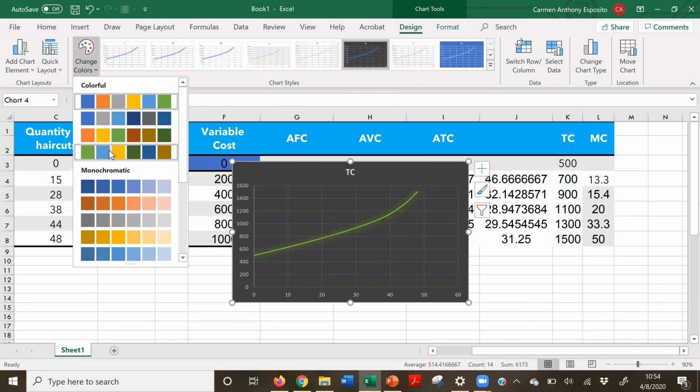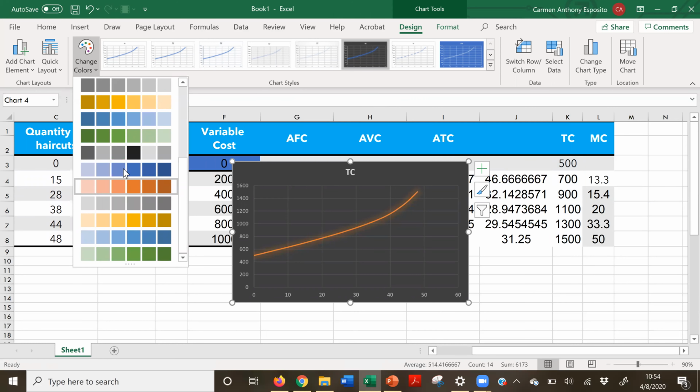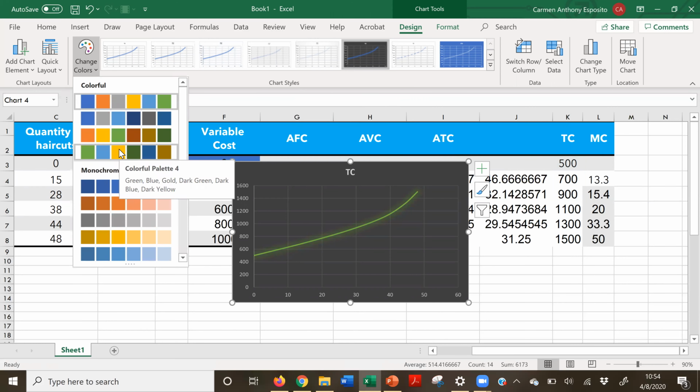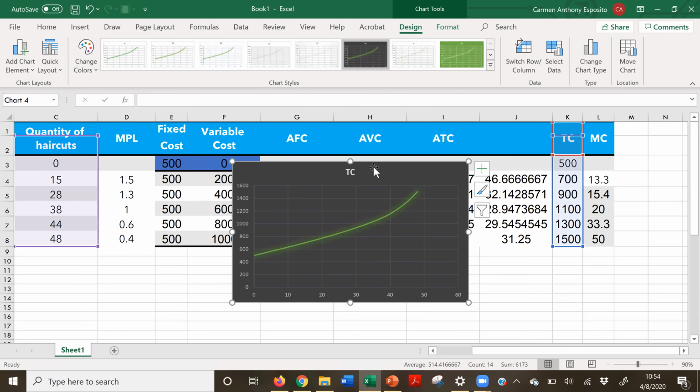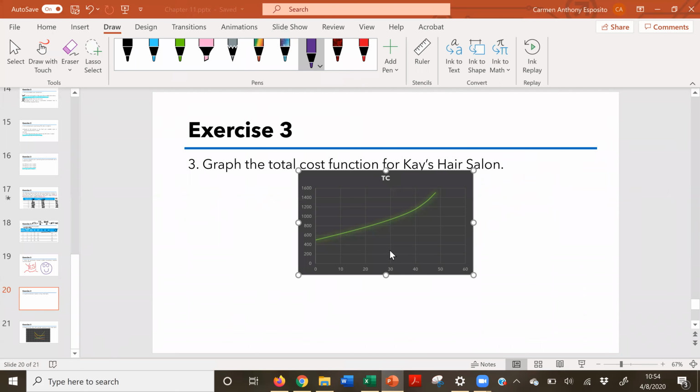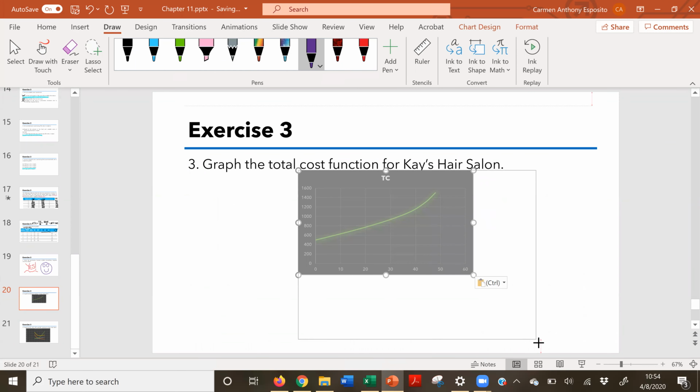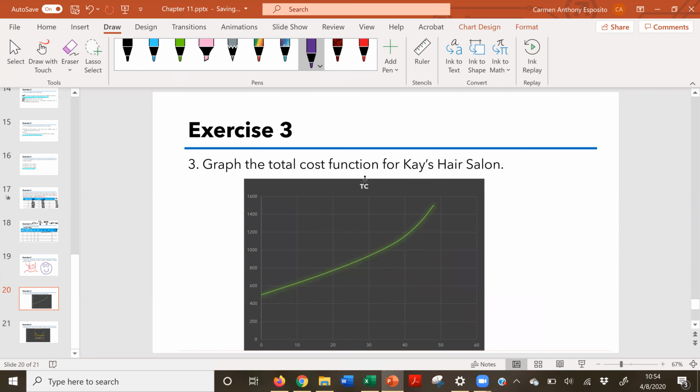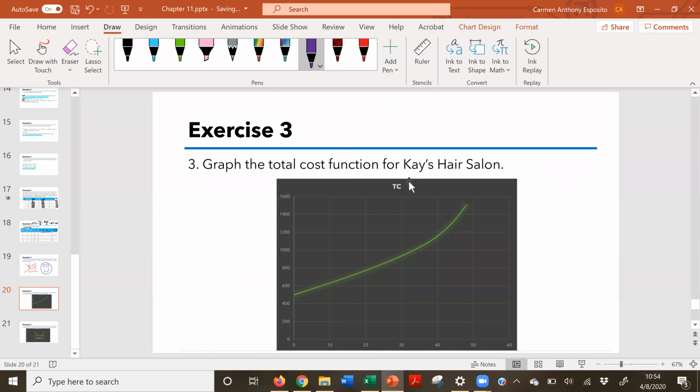We'll give it this nice green color. And so let's put it here. As you can see, as the number of haircuts increases, your total cost will increase. So that's not a surprising graph right there.